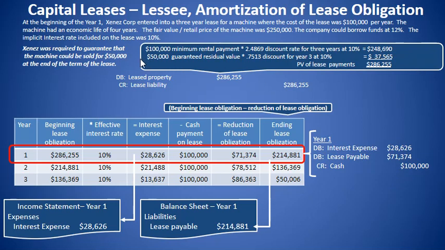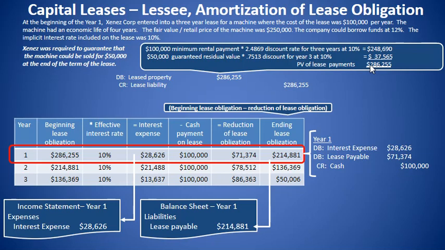We also had to calculate the value of the $50,000 guaranteed residual value, and that value would have been paid at the end of the 3rd year as a final lease payment, and that would be discounted at the present value of $1 at 10%. So that amount would be $37,565.